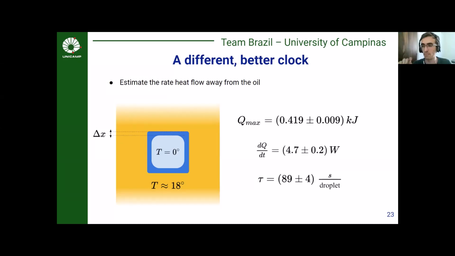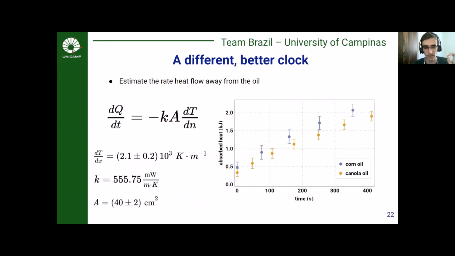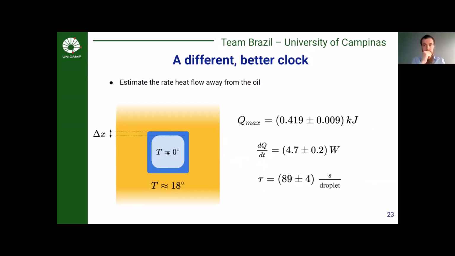No, this is a propagated uncertainty. It comes from our measurements of the maximum heat and the rates of heat exchange. These depend on our measurements for the thickness of the layer of water covering the ice and of the temperature gradients. Okay, thank you for answering my questions.